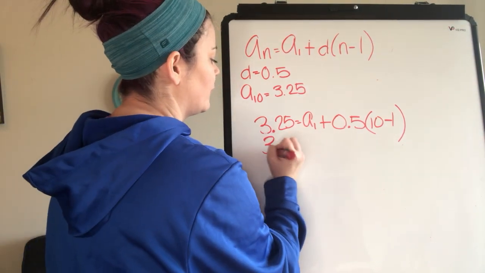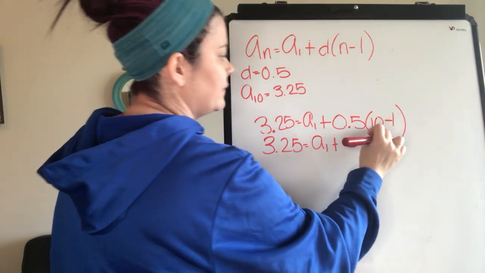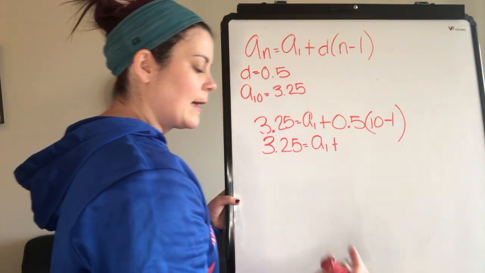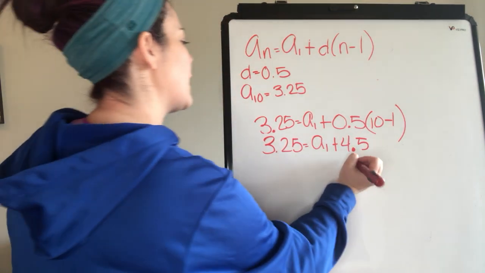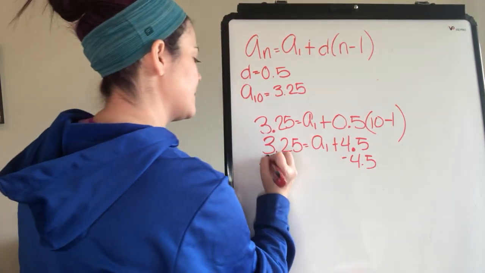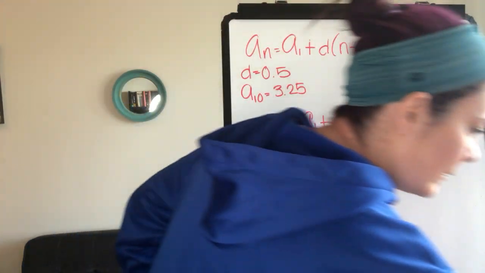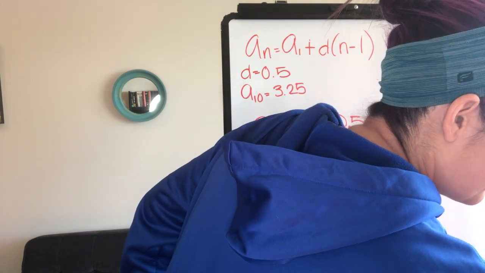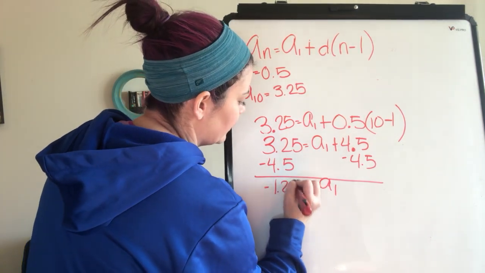So now I'm going to solve this. 10 minus 1 is 9, and then half of 9 is 4.5. Subtract 4.5 from both sides. And then we get A1 is equal to negative 1.25.